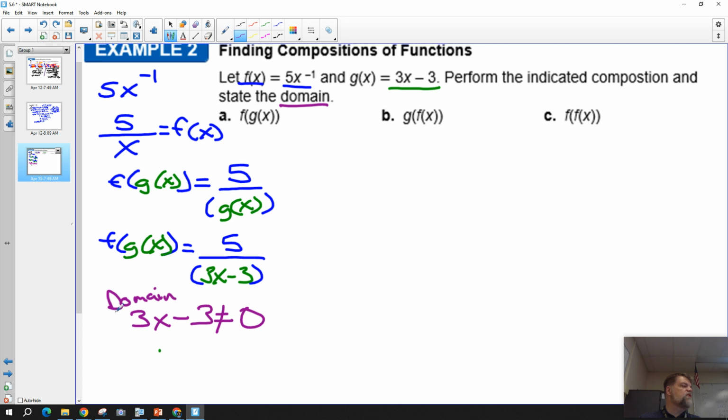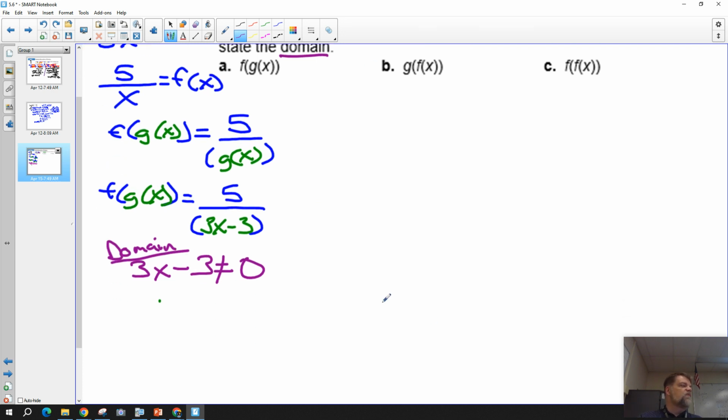Well, you just solved this. We solved an equation. This is like an anti-equation, right? So I just add 3 to both sides. And I get 3x is equal to 3. Divide by 3. Divide by 3.